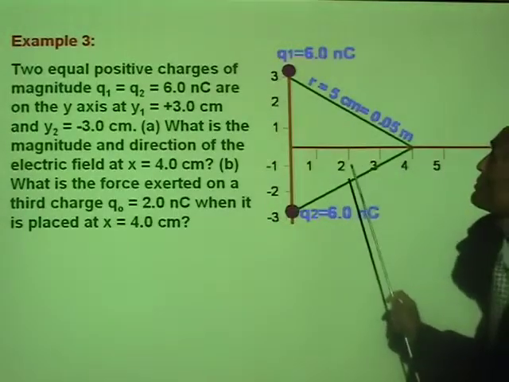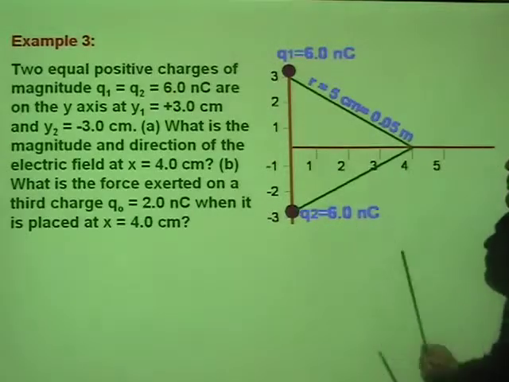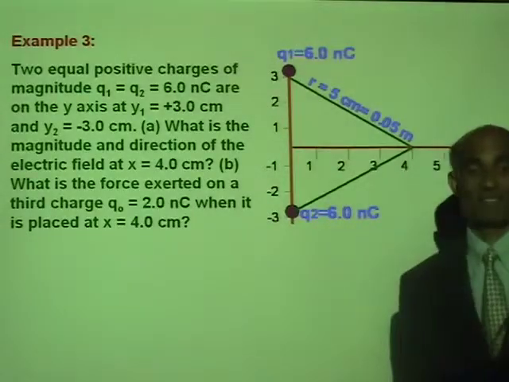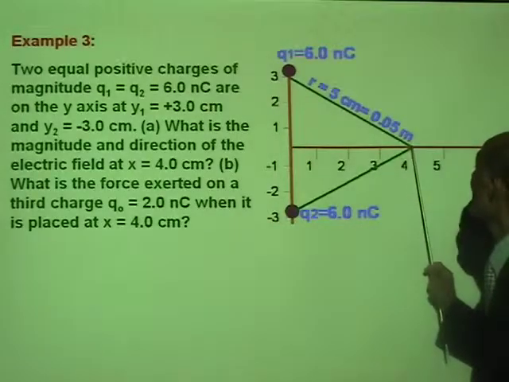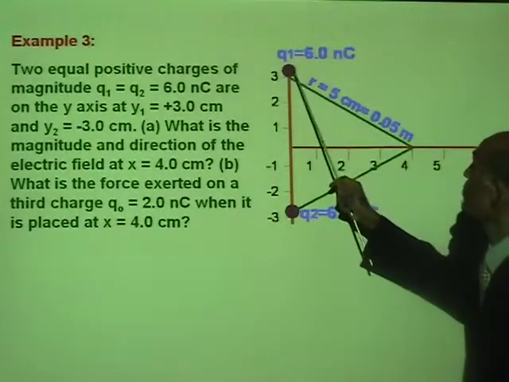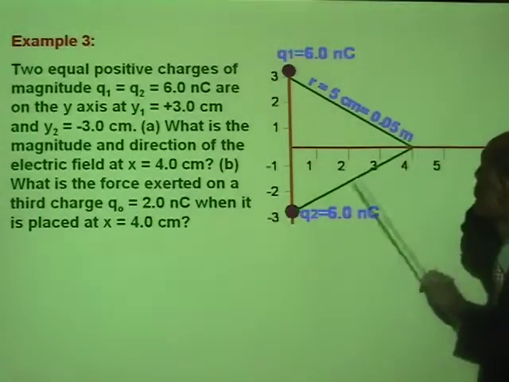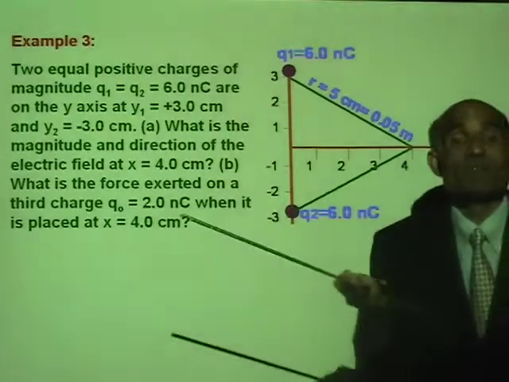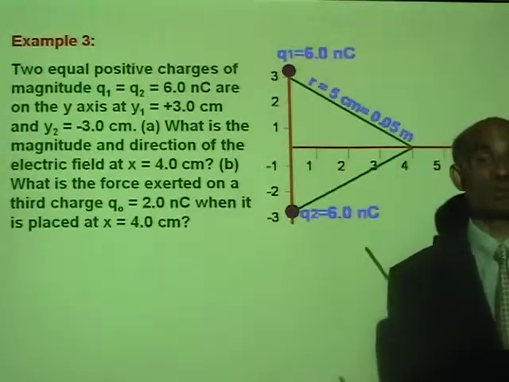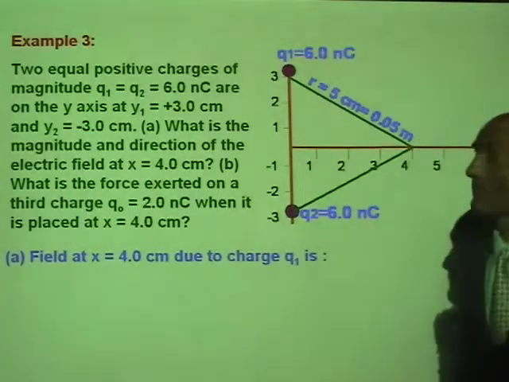What is the magnitude and direction of the electric field at x equal to 4 centimeter? Alright, that means we need to find the electric field at x equal to 4 due to Q1, and also we need to find the electric field at that point due to Q2, and use the vector addition principle to add the two vectors. Alright, let's do that.